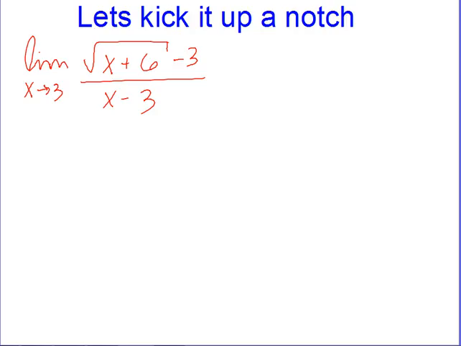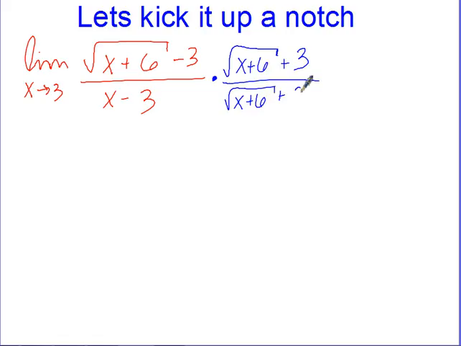Correct? So, I'm going to multiply it by what we call its conjugate. Okay? So I'm going to multiply this by the square root of x plus 6 plus 3 over the square root of x plus 6 plus 3.